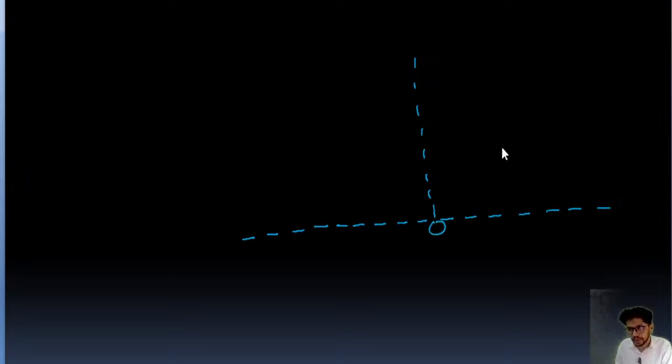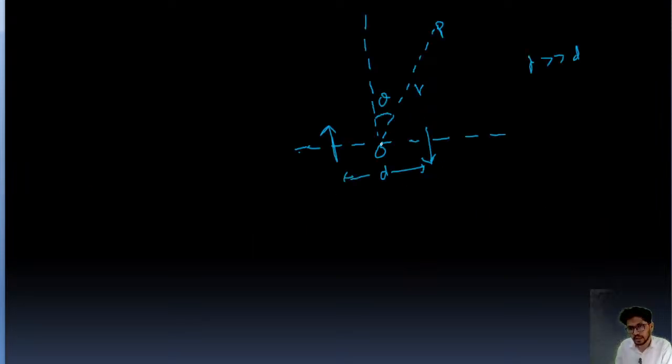This is point O, and this is the dipole. There is a dipole and there is a dipole, and this distance is d by 2 and d by 2, because the total distance is d, and this is the midpoint.